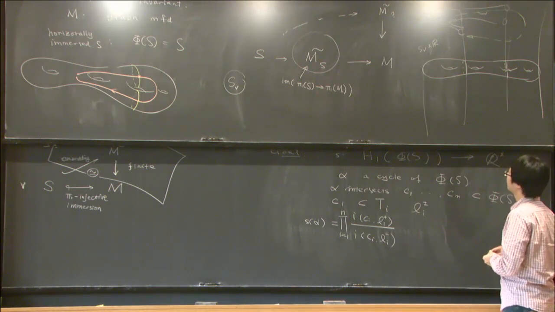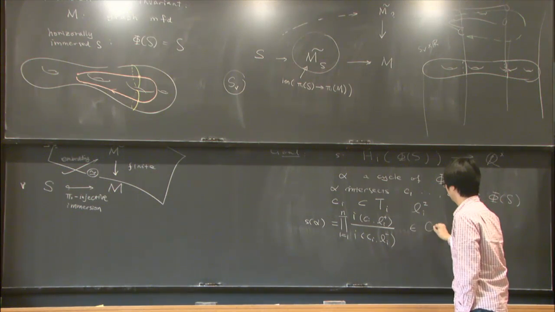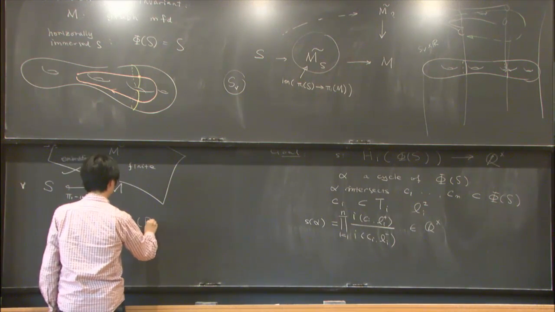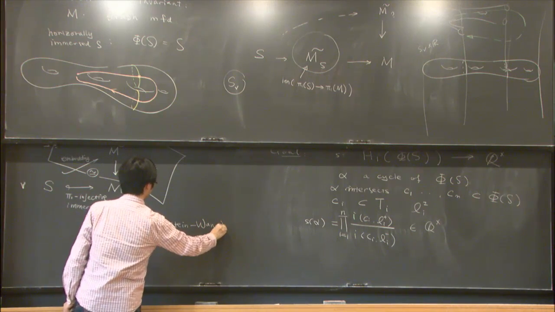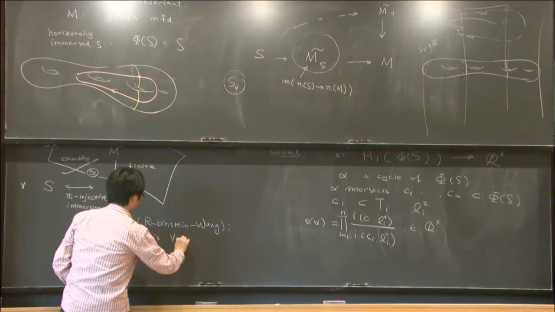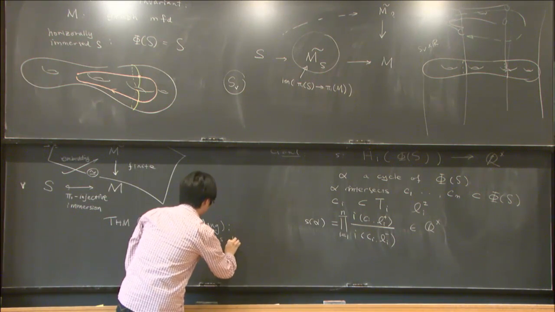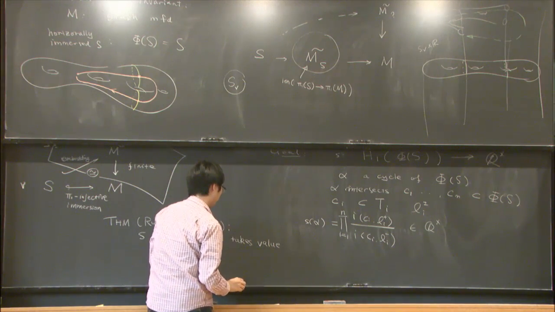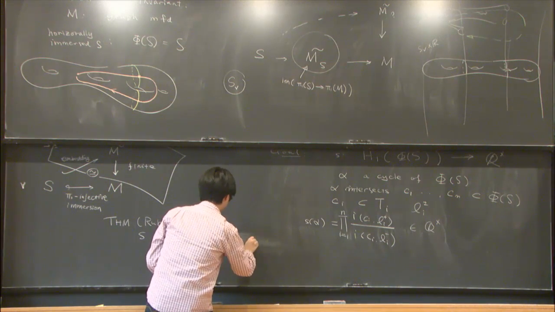So I guess this is really the theorem of Rubinstein and Wang: in the setting above, S is virtually embedded if and only if the little s takes value 1 constantly.